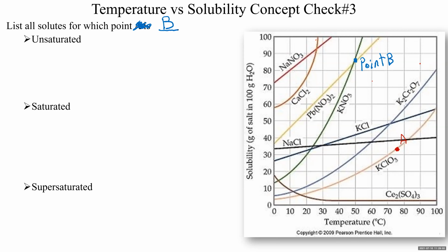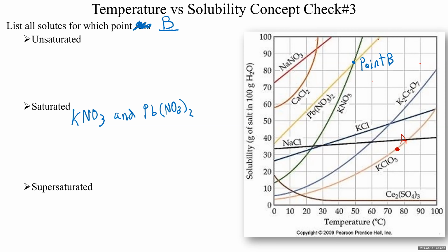Okay, let's do the easy ones first. At point B, clearly there are two compounds that hit the same point here. In case there's any doubt in your mind, right where these two intersect, at point B, both the plot for potassium nitrate and the plot for lead nitrate pass right through point B at the same point.